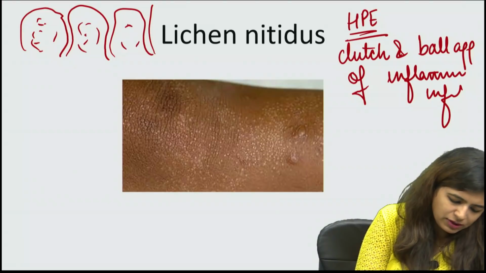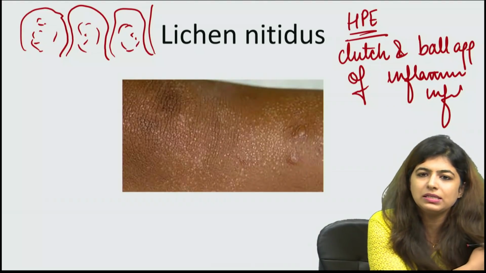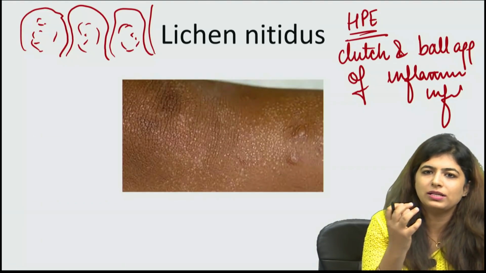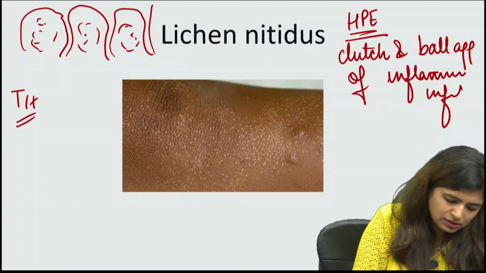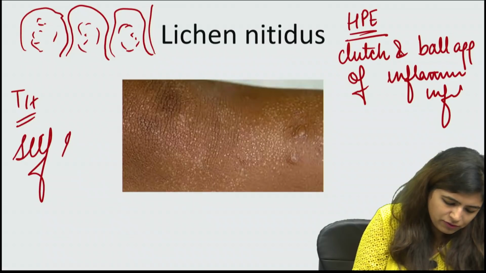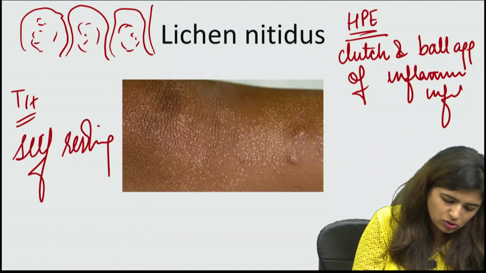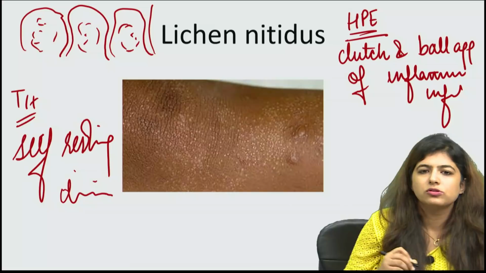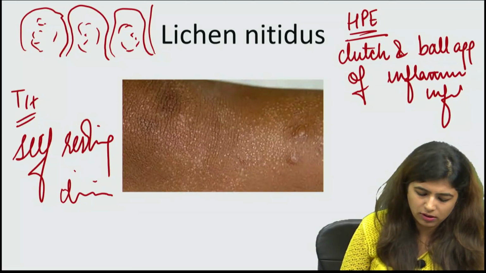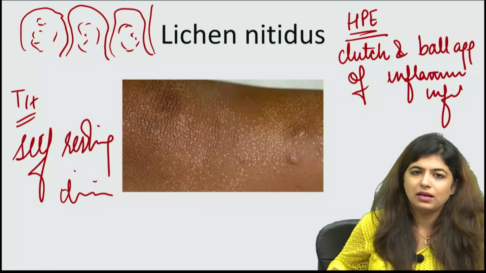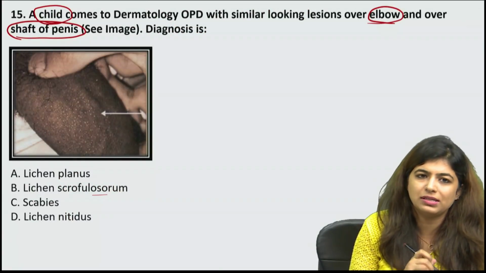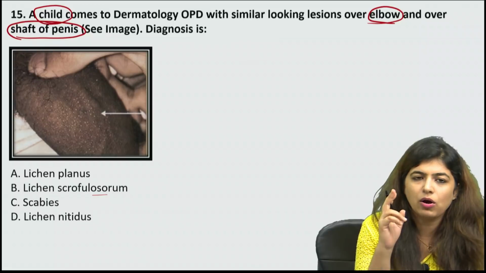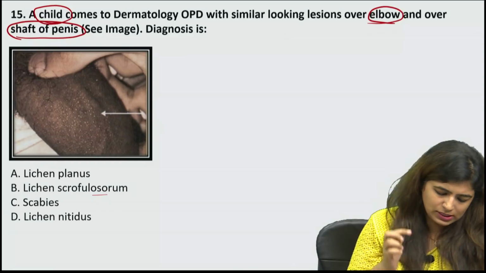So it's as if it is clutching the infiltrate in its hands. So clutch and ball appearance of the inflammatory infiltrate. Treatment, this is generally a self-resolving disorder. This is the image of the hand and image of the penis is given in the question itself. So this is how your lichen nitidus looks.